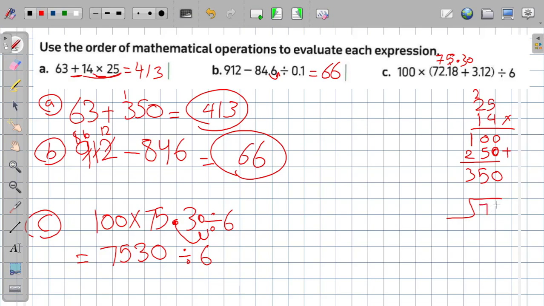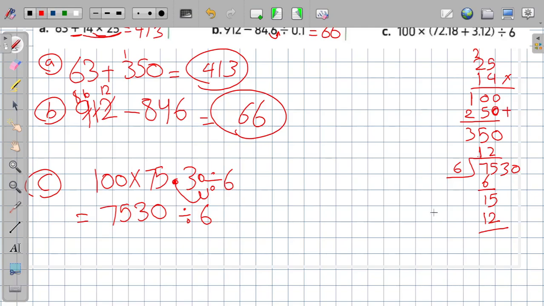So let's do our algorithm. So I have 7, 5, 3, 0 divided by 6. 7 divided by 6 equals what? Equals 1. Because 1 times 6 equals 6, and the remainder will be 1. The next digit is 5. So I have 15 divided by 6 equals what? I think it will be 2. Because 2 times 6 equals 12, and the remainder will be 3. Next I have 3.